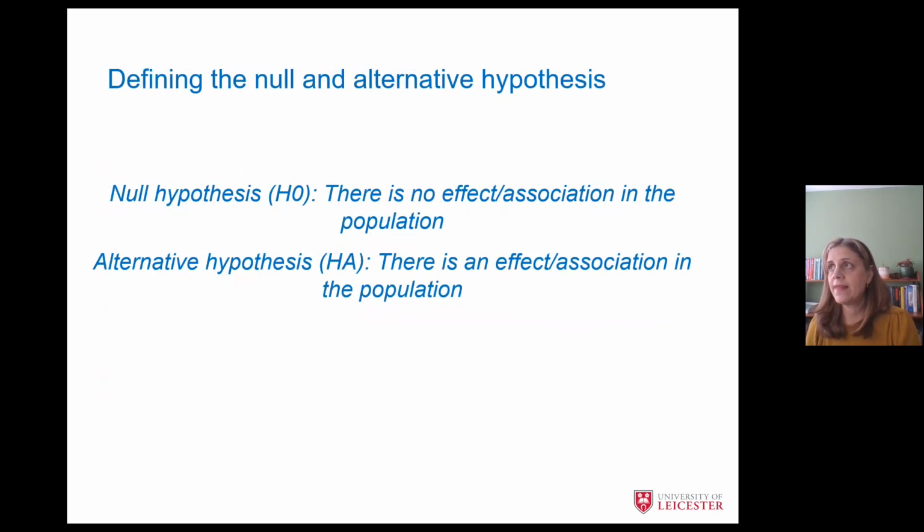So if you think about the null and the alternative hypothesis first, the null hypothesis is always going to be the hypothesis that says there's no effect or no association in the population of interest. Whereas your alternative hypothesis is that there is an effect, there is a significant relationship or association between different risk factors, or a difference between different groups.